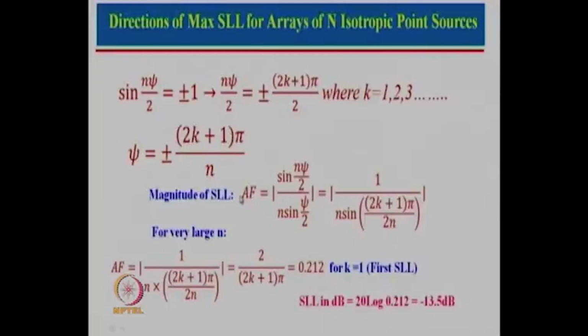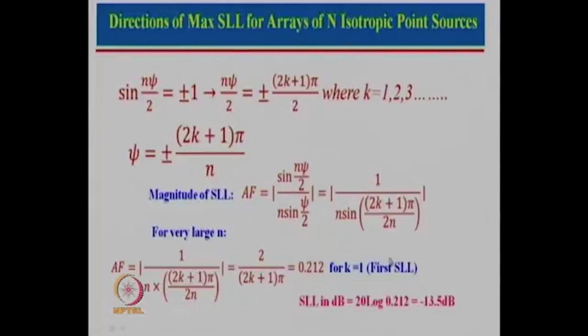How do we calculate the magnitude? Well, let us say this is the array factor. All we now know is that sin n psi by 2 for this case should be equal to 1. So we have put 1 over here, and now in the denominator we have n sin psi by 2, and what is psi? Psi is given by this value here. So if we substitute this value, this is the magnitude of the SLL function coming into picture here.